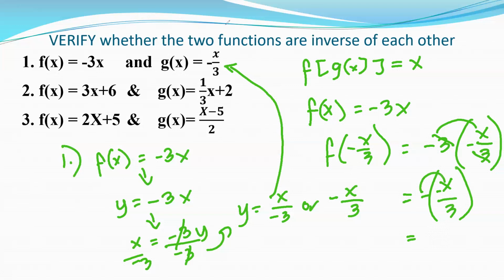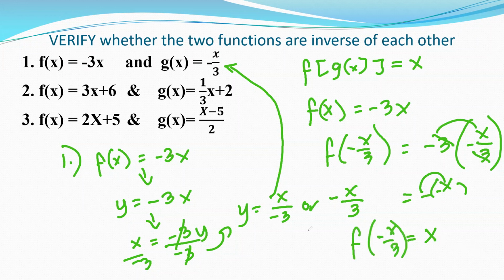I'm sorry, this will be cancelled. This is cancelled already. Alright, so negative times negative x is positive x. So f of negative x over 3 became positive x. Therefore, number 1 is an inverse of each other, proven by two solutions.